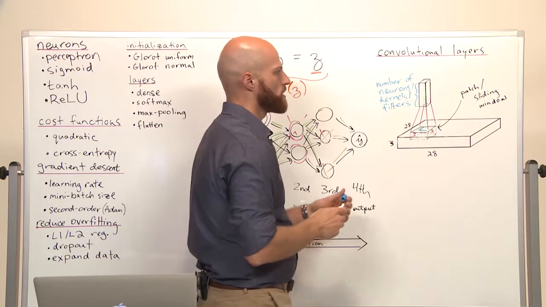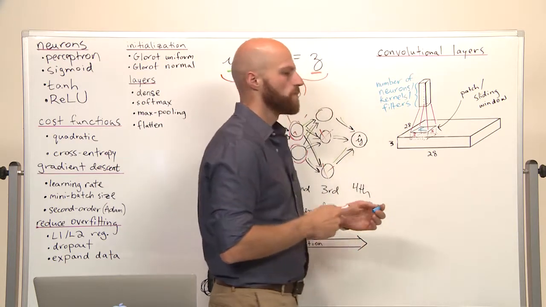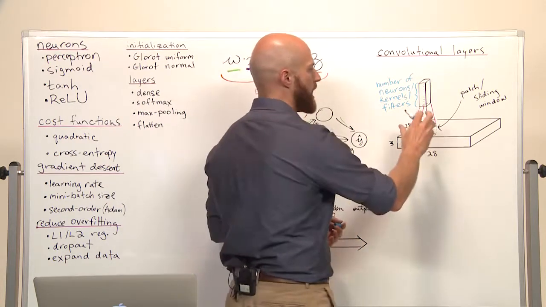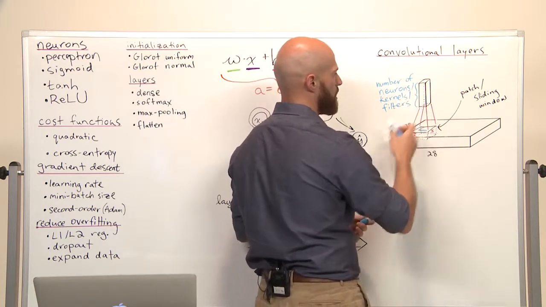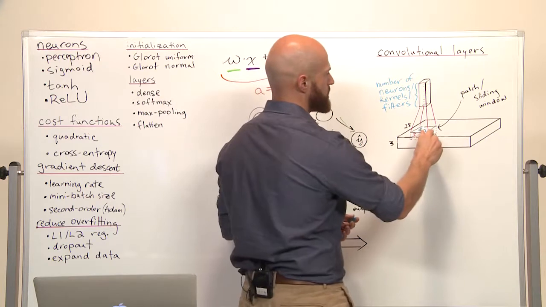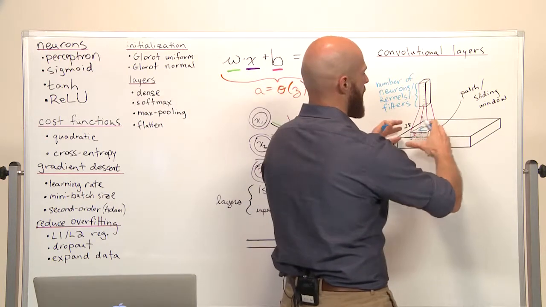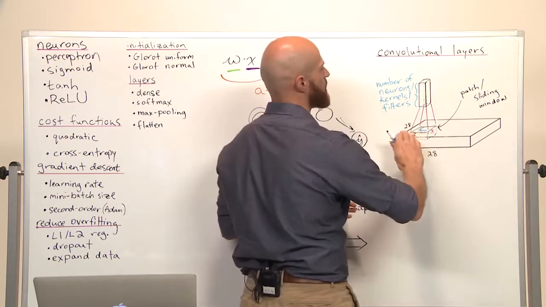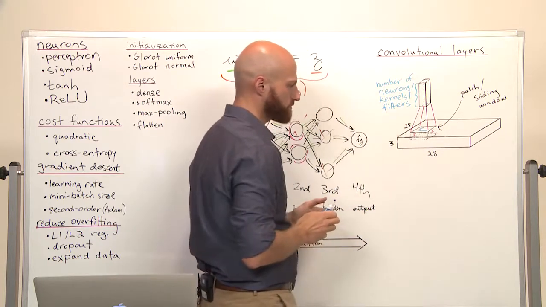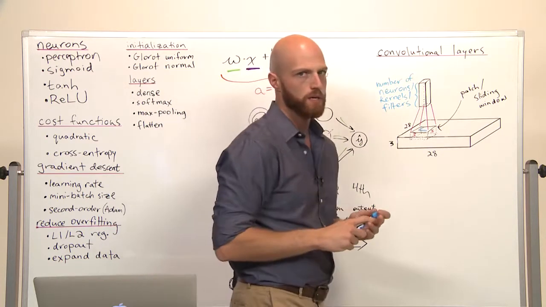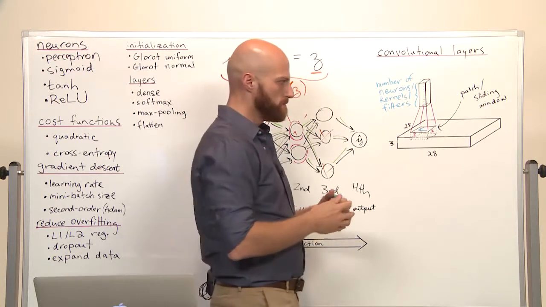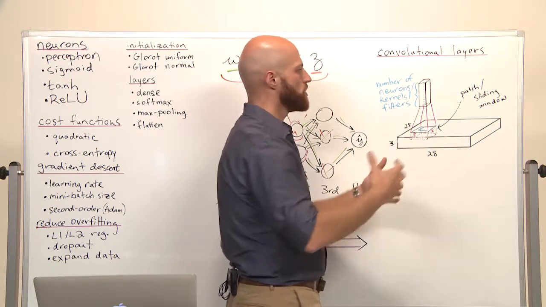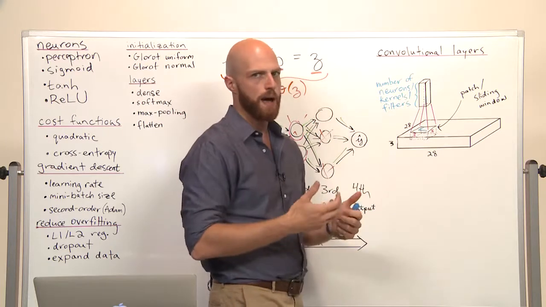So convolutional layers lose the sense of location. All of a sudden, a single neuron in the convolutional layer represents a particular kind of shape anywhere in the image. So this is a powerful thing. It's way more efficient than a dense network, which has these huge, fully connected mappings.